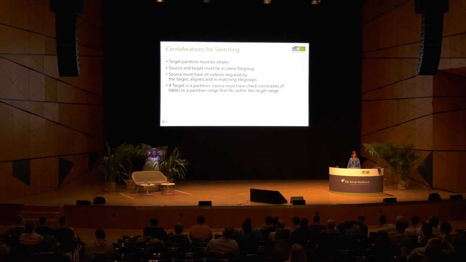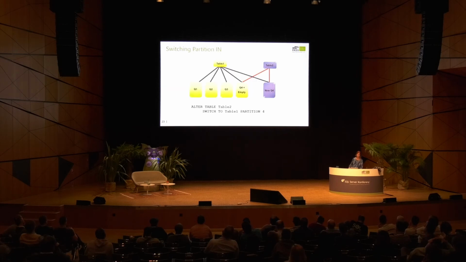So actually, I'll come back to this slide. I wanted to show you this picture here. Instead of 12 months, because that wouldn't fit on the slide, let's assume we've just got a table partitioned by 4 quarters. Q1, Q2, Q3, and Q4 hasn't finished yet, so Q4 is empty. But as soon as Q4 is done, I've got a table where I've been collecting Q4 data, and I do my switch operation.